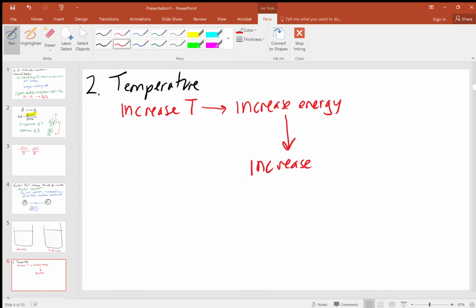So this is going to increase how quickly the molecules are moving. So anytime the two molecules do collide, they're going to collide at higher energy. And because they're moving faster, these collisions will happen more often.